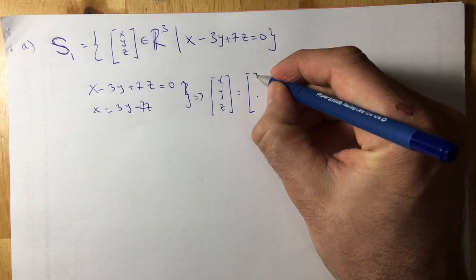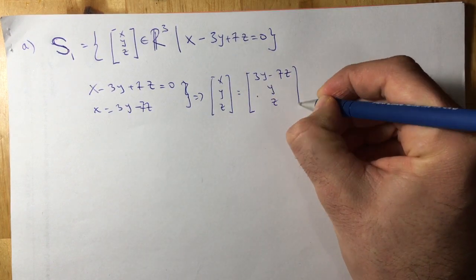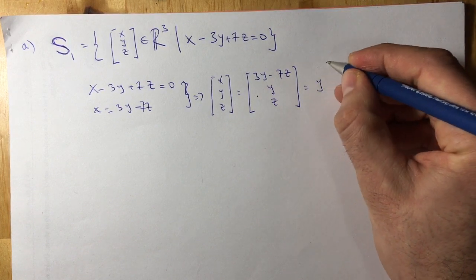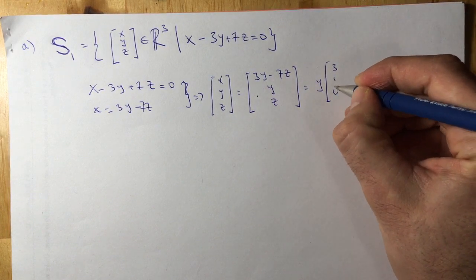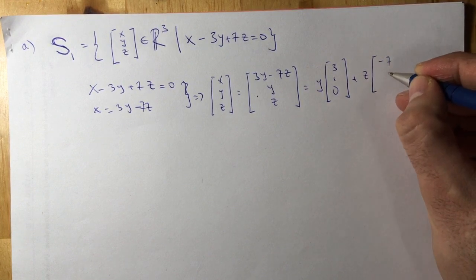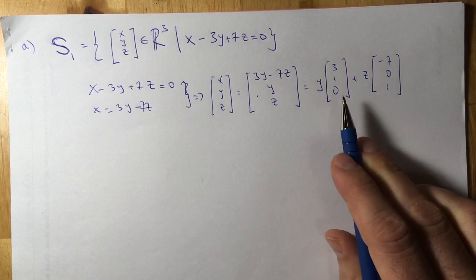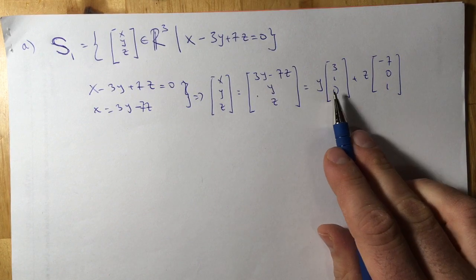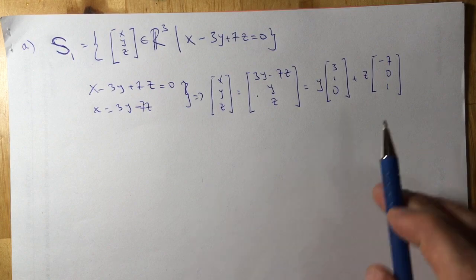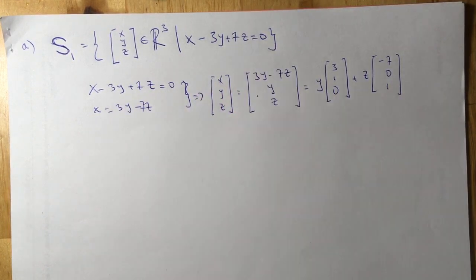Instead of x, I have 3y minus 7z, y and z, which is equal to y times (3, 1, 0) plus z times (negative 7, 0, 1). As expected, there are only two vectors in the basis, because a plane is spanned by two vectors. The dimension of this plane is just 2.